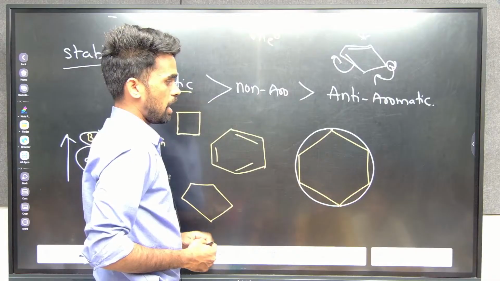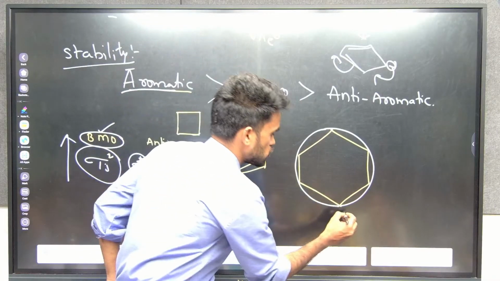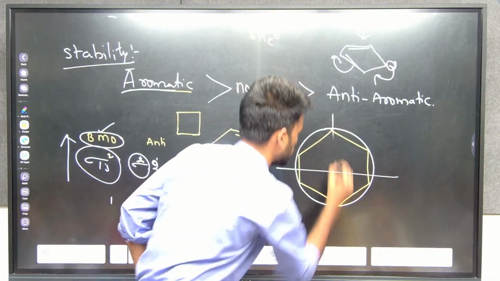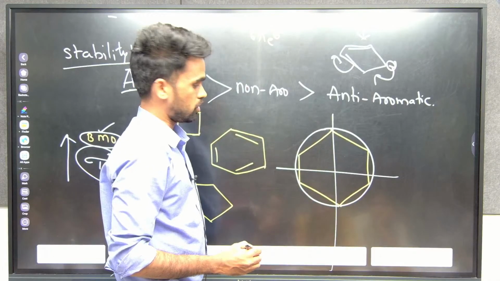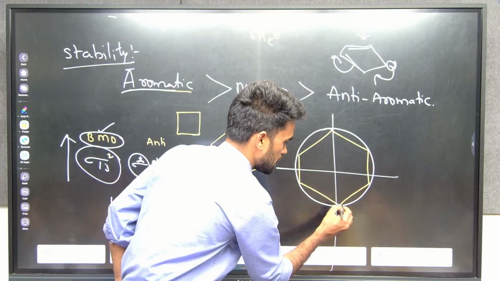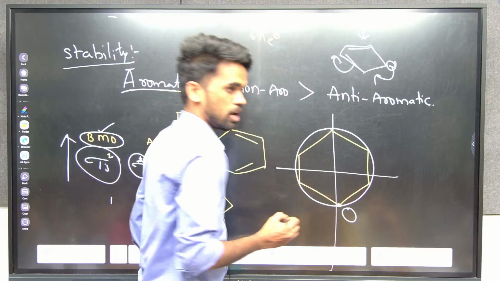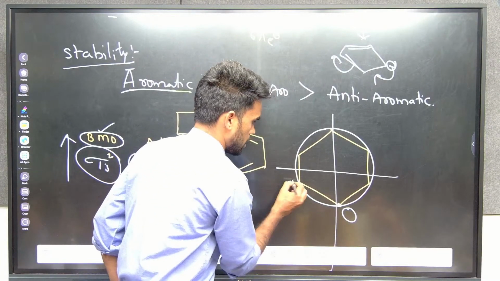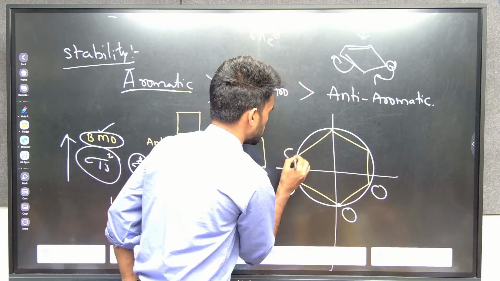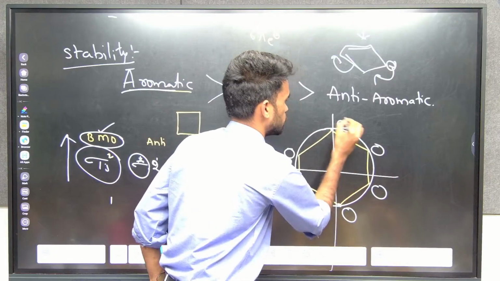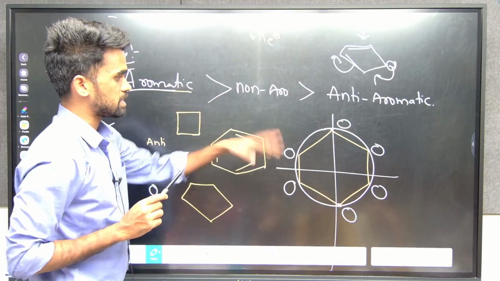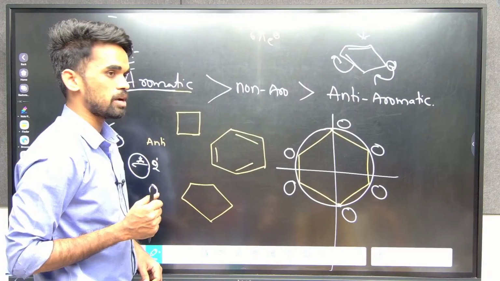After doing this, at each corner, divide the molecule into 2 equal halves. Now, here one carbon is there, there one molecular orbital. Here one more molecular orbital, here one more, here one more, here one more. Like that, 6 carbons are there, 6 molecular orbitals I have taken.